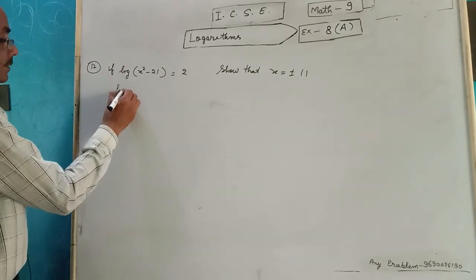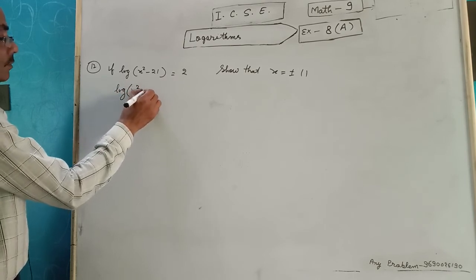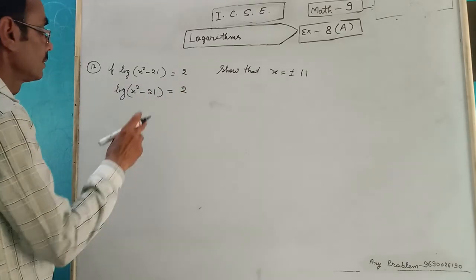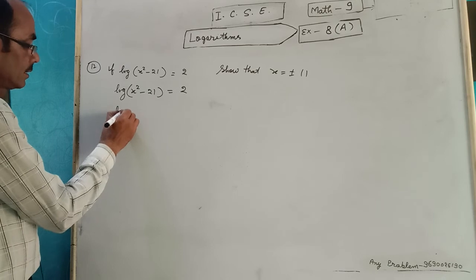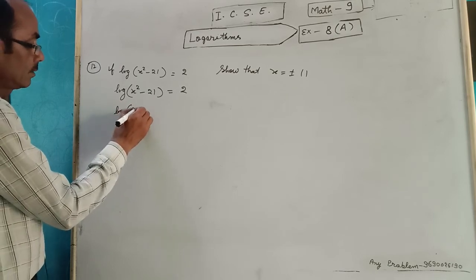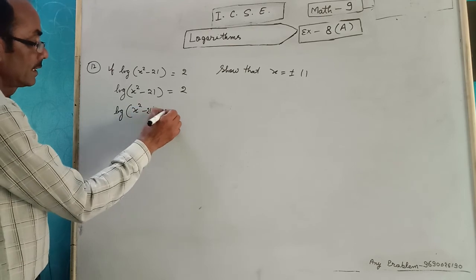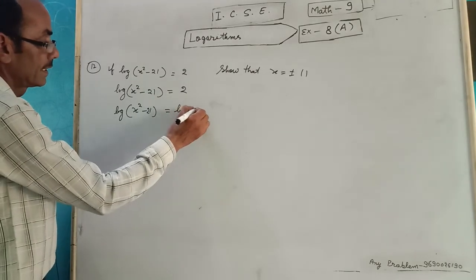Write the left hand side, x square minus 21 is equal to 2. Value is 2. Write in log form. 2 value is x square minus 21 is equal to 2, value is 100.